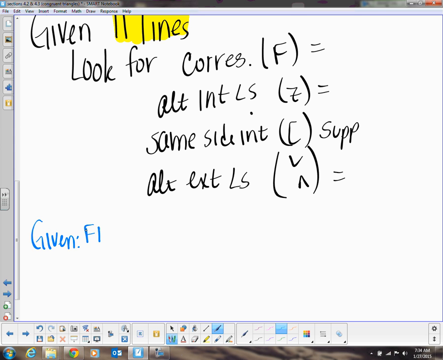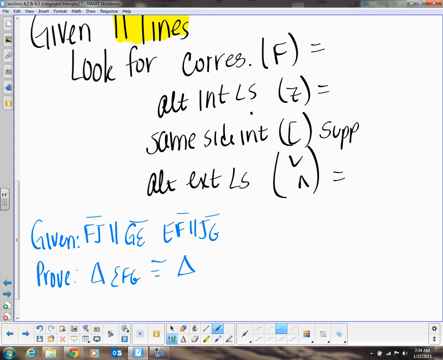You will write the given, FJ parallel to GE, EF parallel to JG, and they told us that we are going to prove that triangle EFG is congruent to triangle JGF. Okay, you will write that.